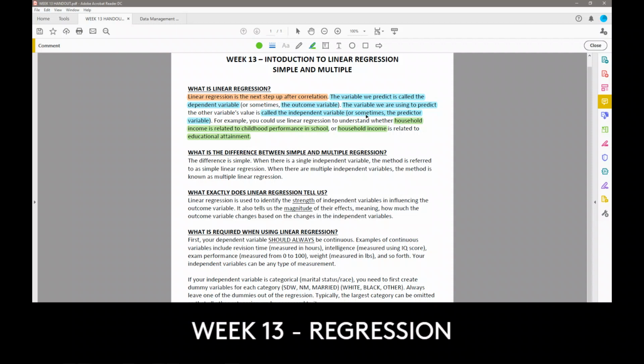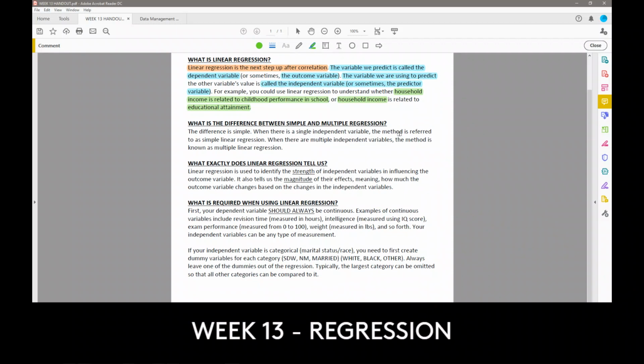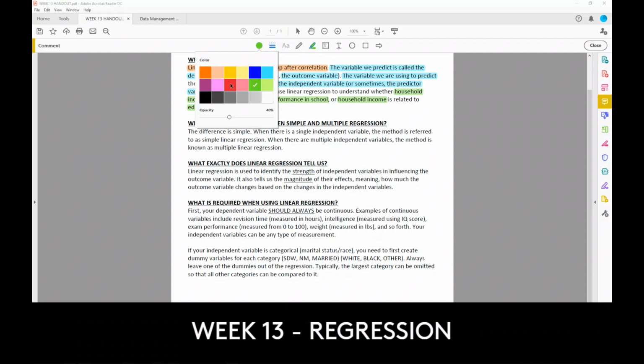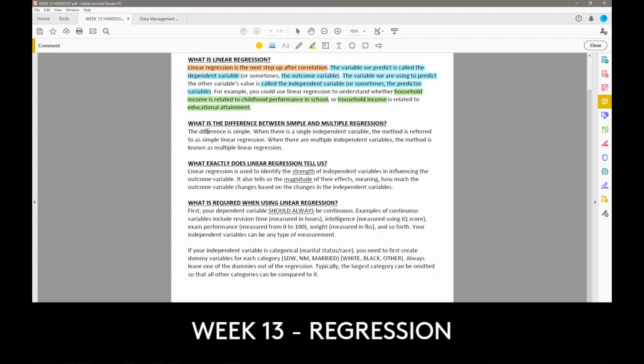One of the questions commonly asked is, what is the difference between simple regression and multiple regression? It's very simple. When you have one independent variable predicting the outcome variable, you are using simple linear regression. So again, simple linear regression is using one independent variable to predict one outcome variable.